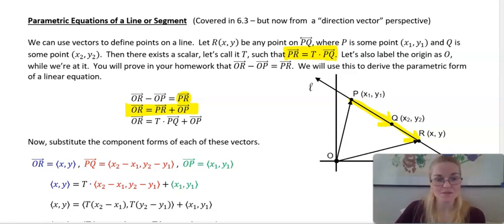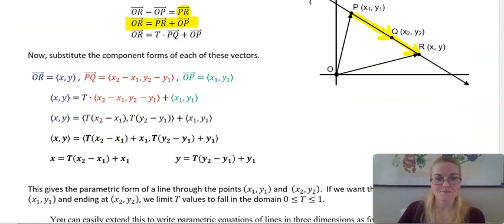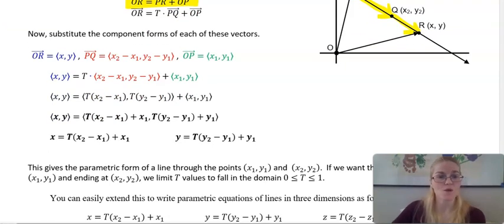Because if we substitute this into component form, since OR is our arbitrary x, y, and PQ, from P to Q, that's going to be head minus tail, so x2 minus x1, y2 minus y1, plus OP is x1, y1, right?